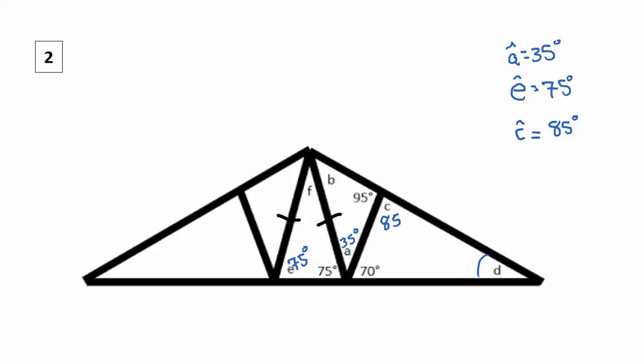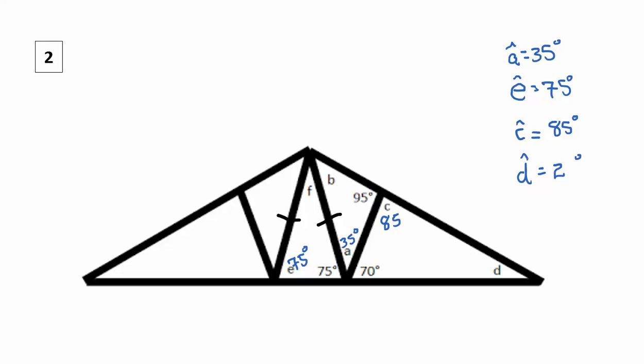Let's go for D now, and that is very simple. Here we have a triangle, as you can see there. This is a triangle there, and we know that the interior angles of a triangle add up to 180. If I add angle C and 70, I get 155 degrees, which leaves me with only 25 degrees for angle D to make up my 180 degrees for the interior angles of a triangle.